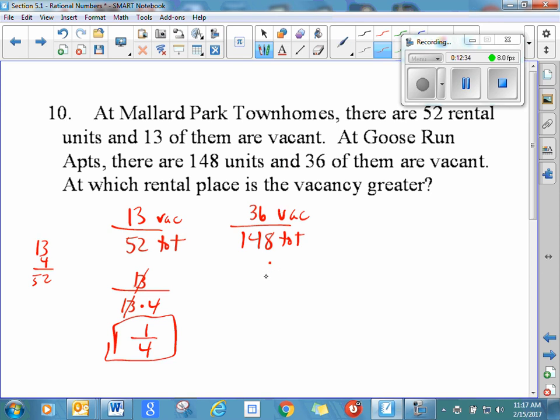Again, if you want to start with something higher than 2, if you see something higher, then do that. If you start with 2, it would look like this. 2 times 18 over 2 times 74. Cancel, cancel. I've got to keep going. 2 times 9 and 2 times... 74 is, let's see, what's 74 divided by 2? 37.